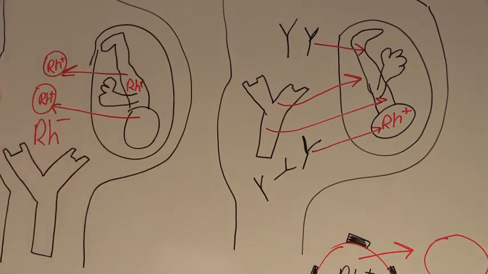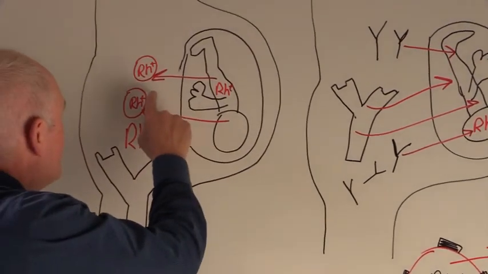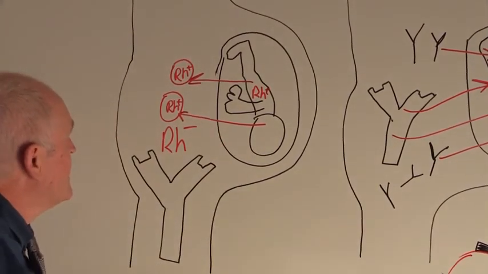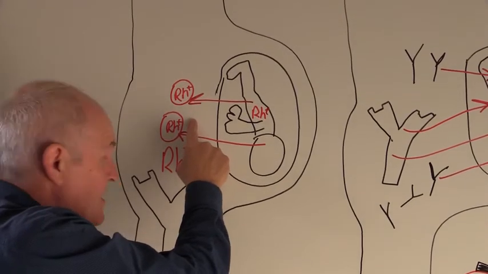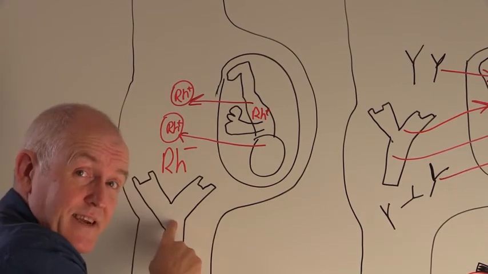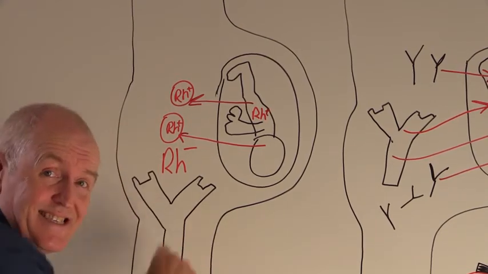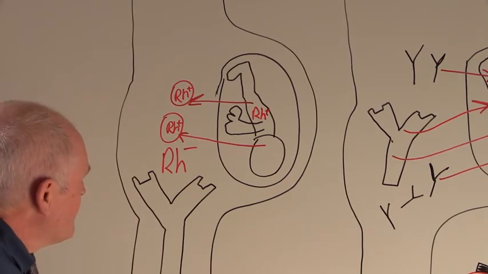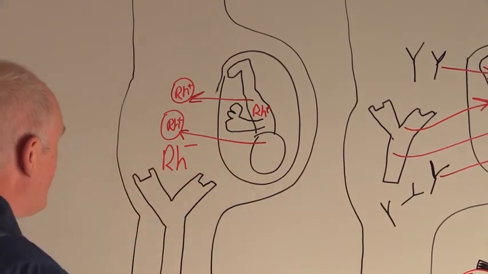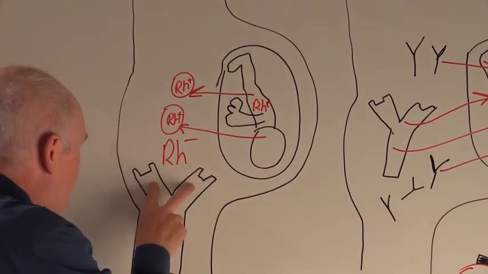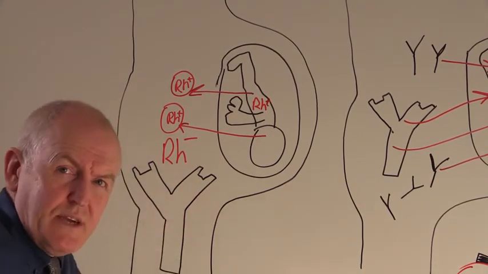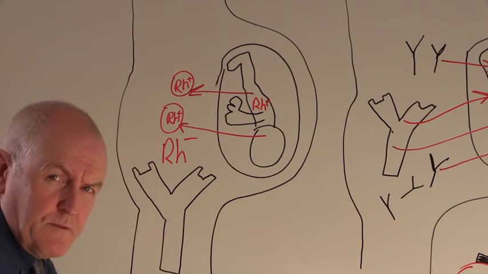Now, in the first pregnancy, we've said that some rhesus factor antigens are going to get into the maternal circulation. Now, if there were lots of antibodies there already that we put in, if we gave the mother an injection of anti-D immune globulin, then as soon as the fetal cells came in from the baby, they would be mopped up by these antibodies that we've injected. So that's exactly what we do.